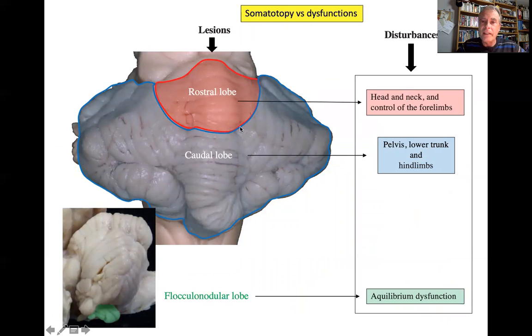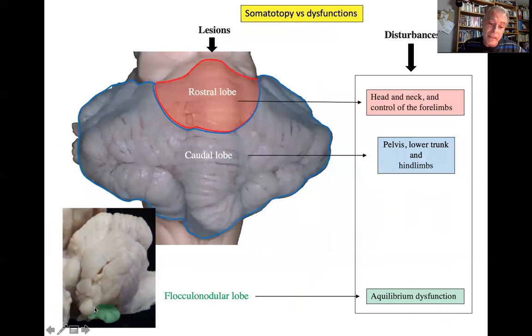For lesions that affect the rostral lobe, we should think that the signs should be affecting the head, neck, and control of the forelimbs. However, if the lesion affects the caudal lobe, we should expect pelvis, lower trunk, and hind limb disorders.